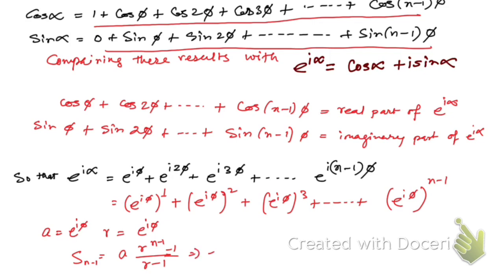So e to the power i alpha is going to be equal to, according to this formula, if you put the value of a and r, then what you're going to have is e to the power i phi and e to the power i phi to the power n minus 1, then e to the power i phi minus 1. That's what you're going to have.